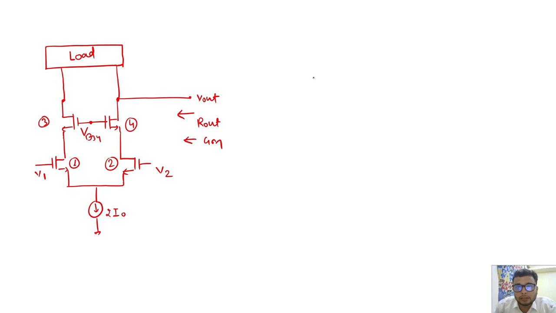We will calculate two things, R out and GM. First, we know that for any particular structure, to find GM we will short the output. If we short the output and calculate the ISC, we can see that the short circuit current is nothing but the current generated due to these input pair devices only.